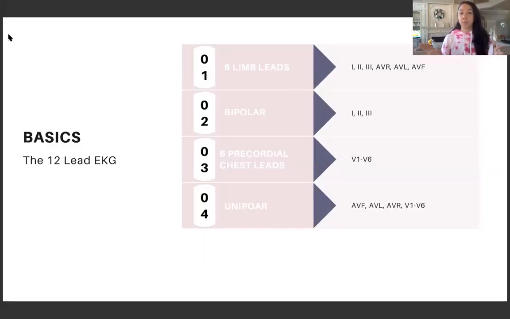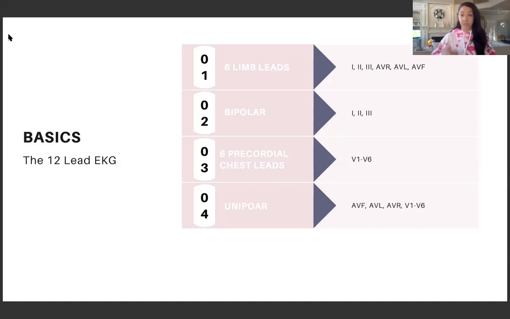Now, super, super basic, not gonna spend a lot of time here. I just want you guys to have this information. But then, we have our limb leads. 1, 2, and 3 are the bipolar leads, which means that there's two electrodes placed at different sites and they measure the different action potentials. Bipolar means 2, right? Then we have our chest leads, which we know go from V1 through V6. V1 and 2 is at the right heart.